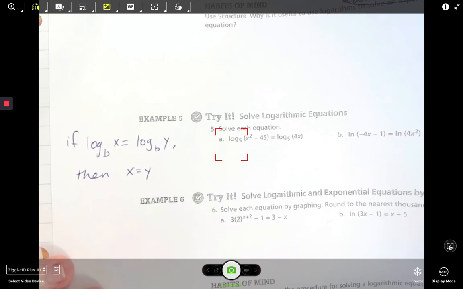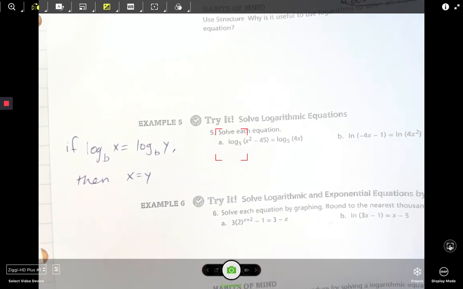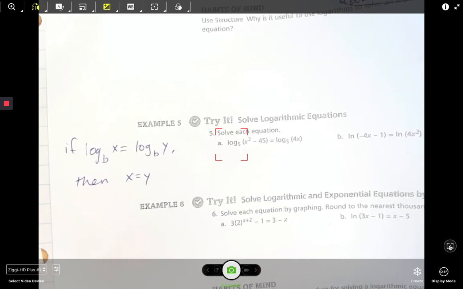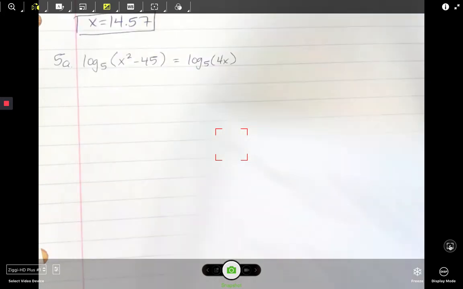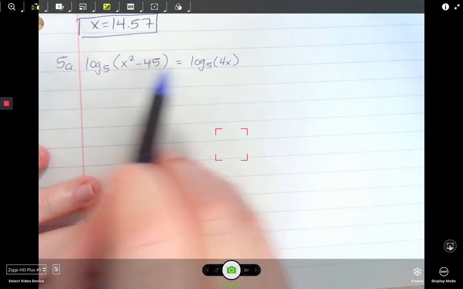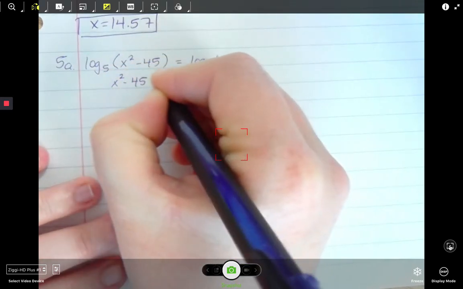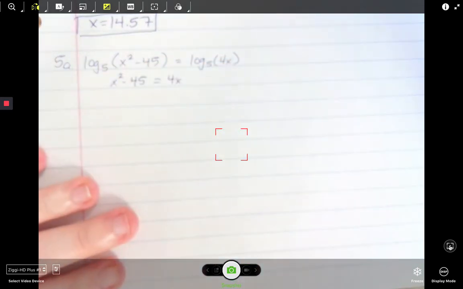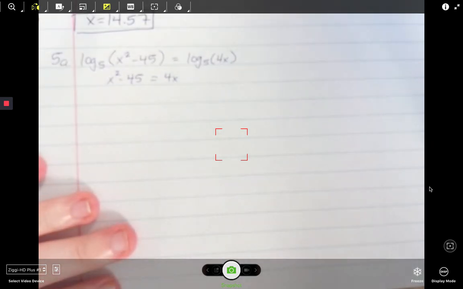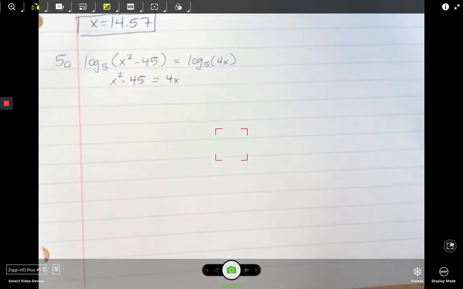That's another one of those logarithm properties. Everybody got that? All right, so since these are both the same base, we can take what's in parentheses and set them equal to one another. So we've got x squared minus 45 is equal to 4x.